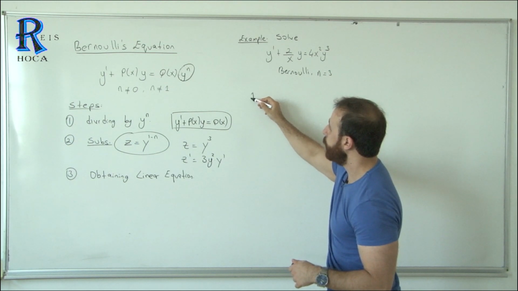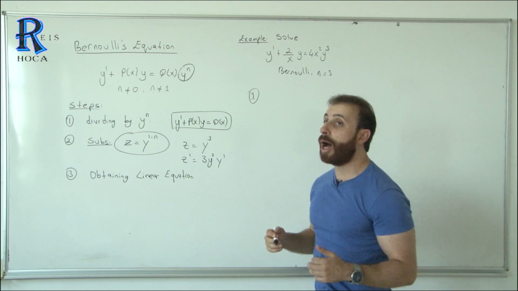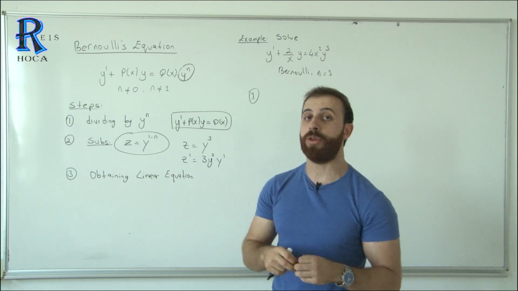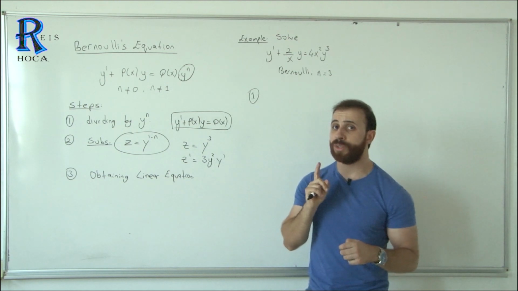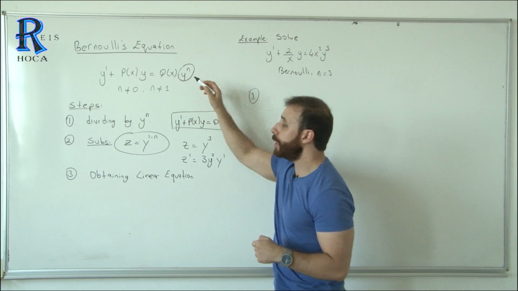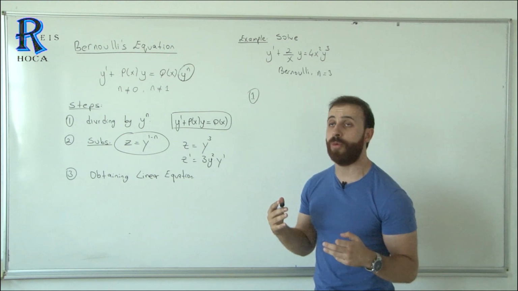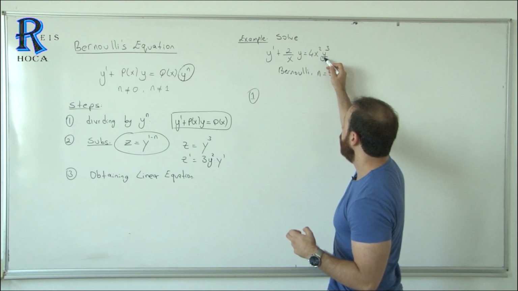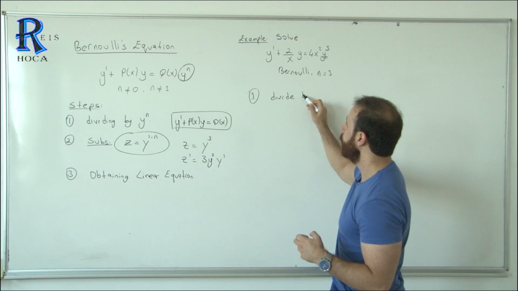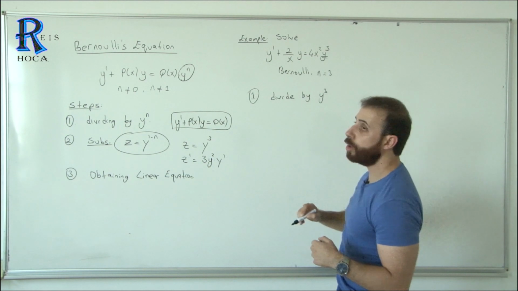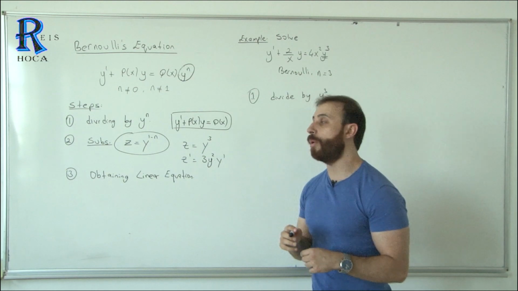So the first step, our aim is to make it linear. For a linear differential equation there is no term of y on the right side, so we have to remove it. On the right side it is y cubed, that's why we must divide the whole equation by y cubed.